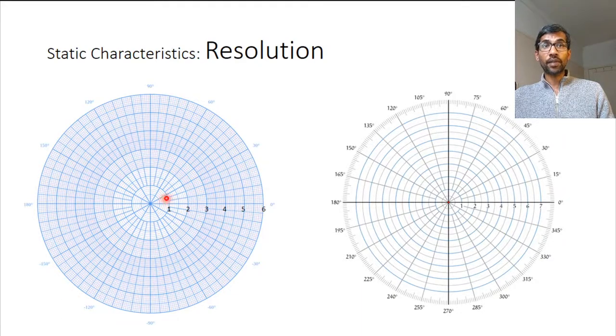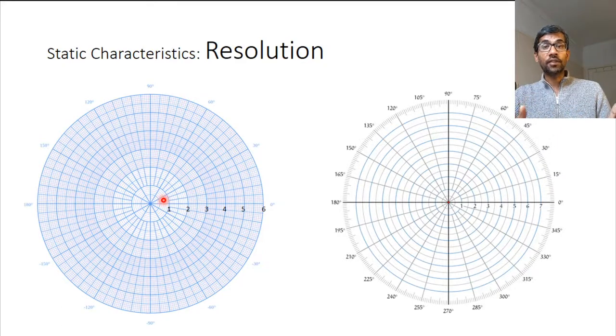So for example, at this point, if the point was here, then you can only say it's either 0 degrees or 30 degrees. You don't know how to go closer than that. So the physical mechanism, the physical graph that you're using to measure, is putting a limit on how small an angle you can measure.